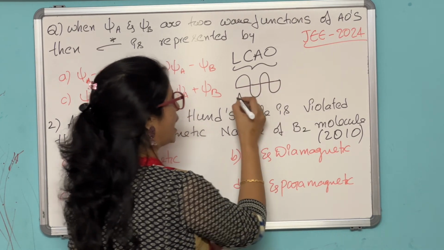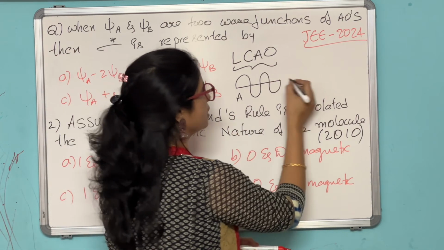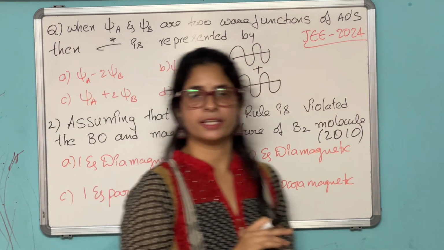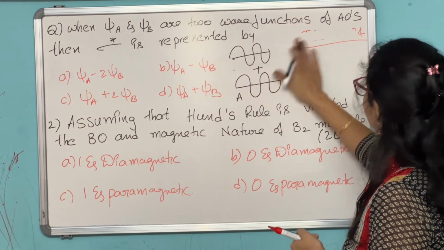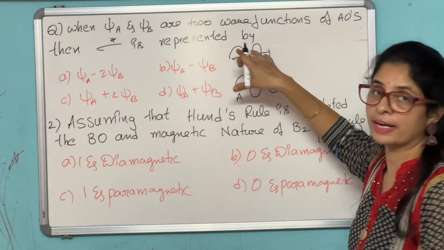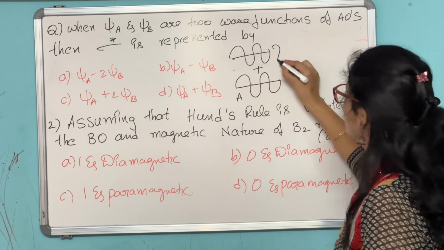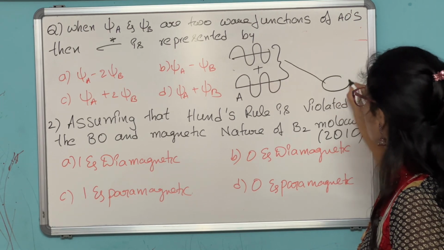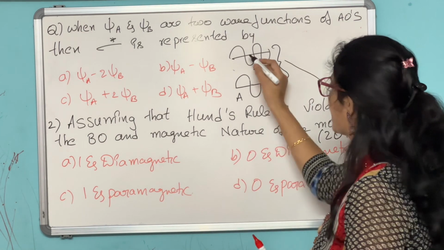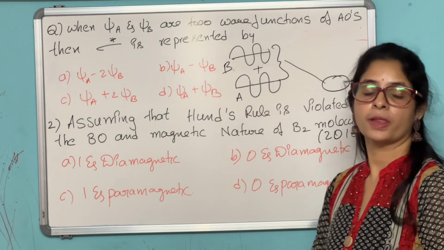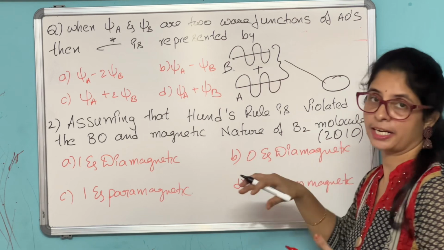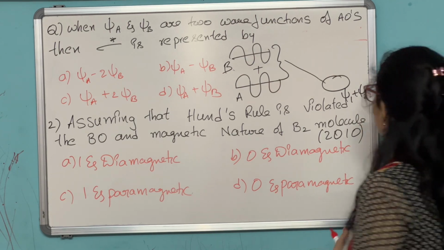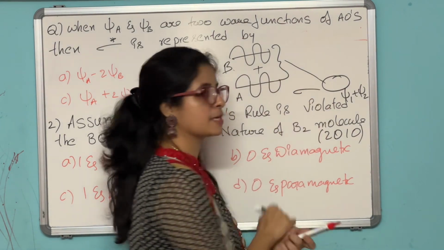For example, you take an atom A and an atom B, and when the two wave functions combine, when they are in constructive interference, we get one molecular orbital with lower energy than the atomic orbitals A and B. When these are added up, we get a bonding molecular orbital, ψ1 plus ψ2. A bonding molecular orbital is represented as sigma.